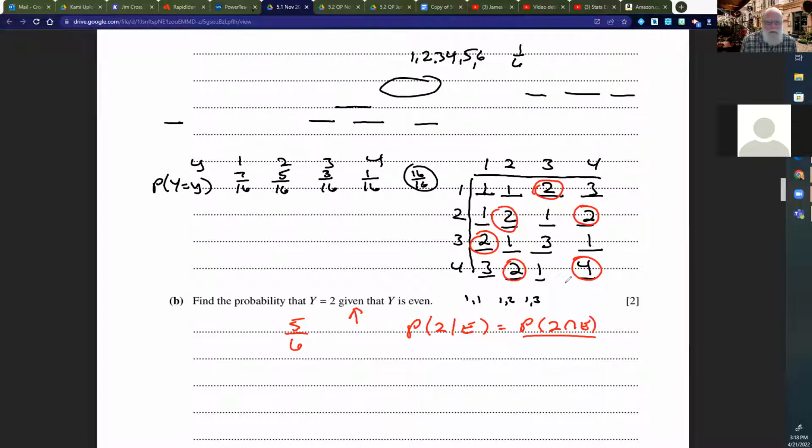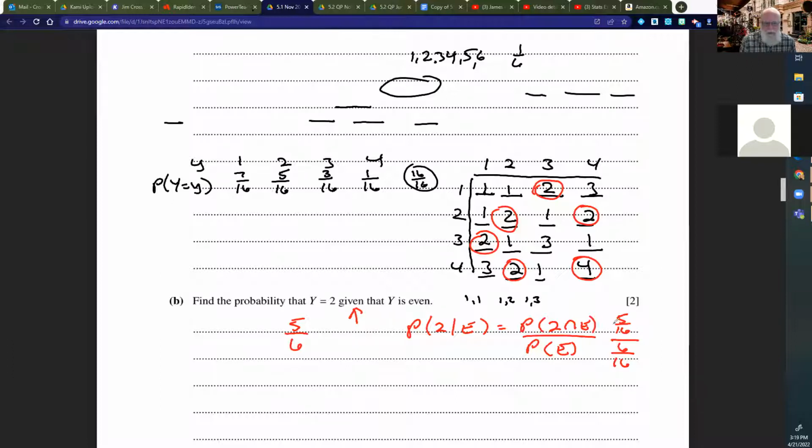How many evens are there? 6. All right, so one way to do this is take the probability of both and divide by the probability of the given. So the probability of it being 2 and even, well, that would be 5 out of 16. And then the probability of being even, well, that would be 6 out of 16, right?